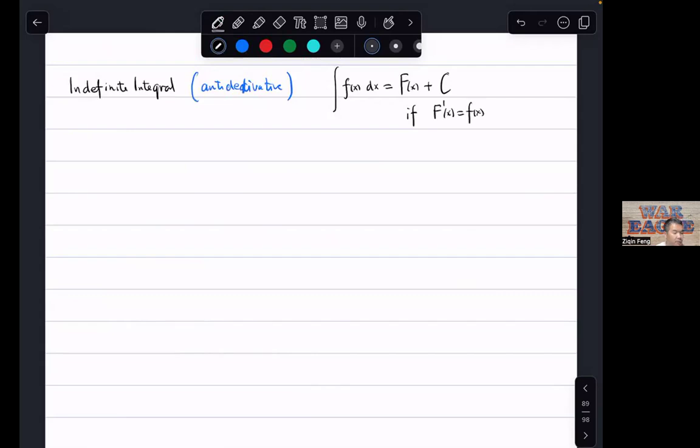So from here, we can rewrite our understanding of antiderivative in terms of indefinite integral, right?